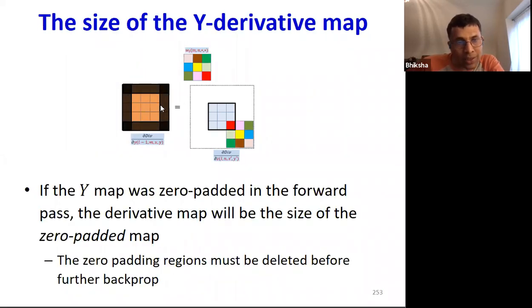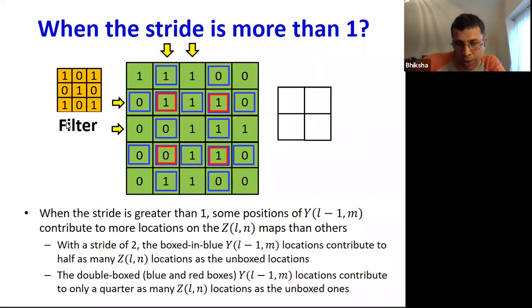Remember, if you only had a 3x3 and you wanted to retain the 3x3, you zero padded going forward. So if you use this process, you're going to compute the derivatives for the zero padded thing that you actually convolved. And so you will have to throw out the derivatives computed for these zero pad regions, because they are not going backwards. And that's all you do.